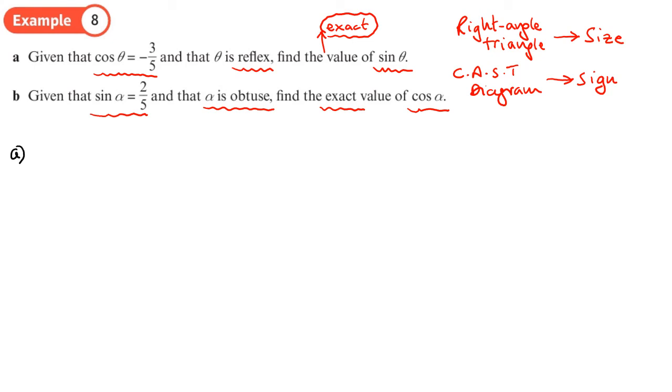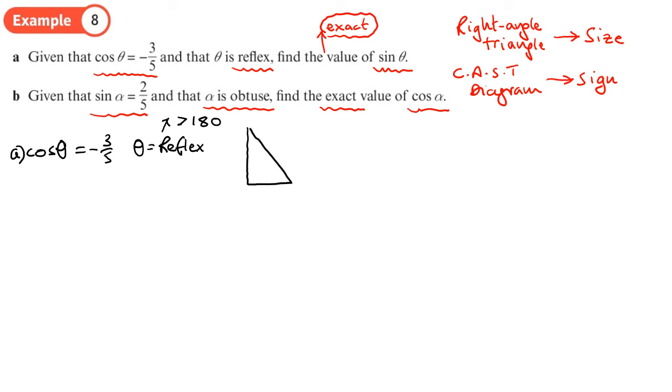So I've got cos theta is negative 3/5 and theta is a reflex angle. Okay, so reflex means it's greater than 180. Yeah, their reflex angle is bigger than 180. So the first thing I'm going to do is to draw a right angle triangle here.